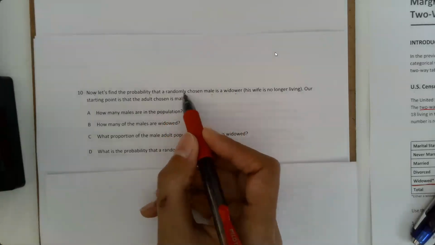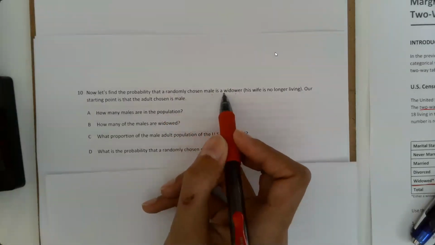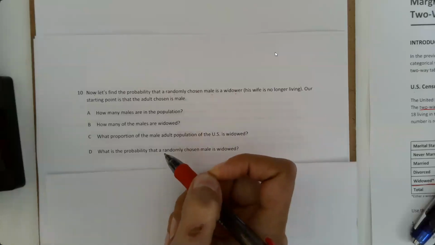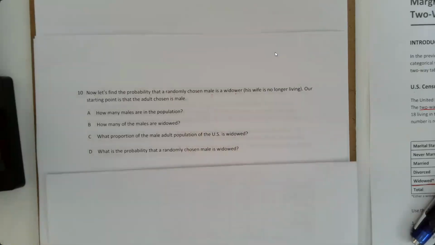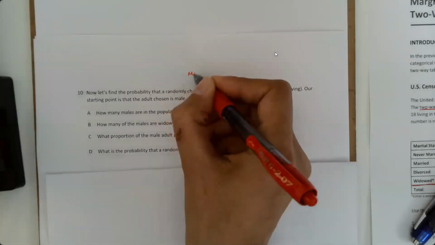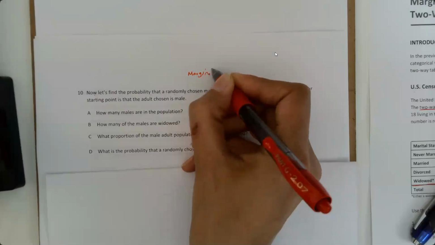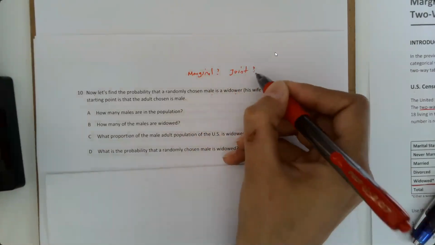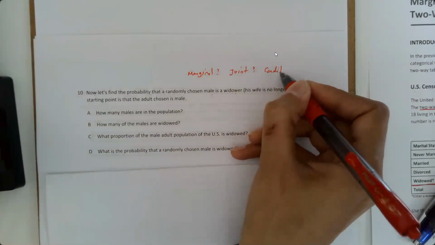A randomly selected male is a widower. Okay. First of all, you should start by asking yourself, is this marginal? Is this joint? Or is this conditional?